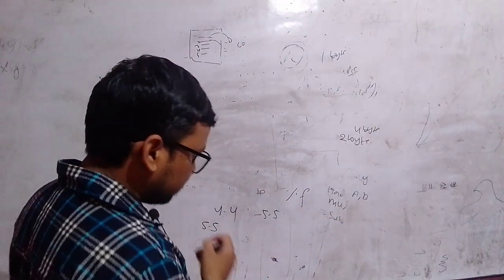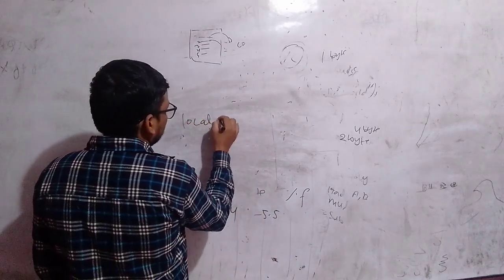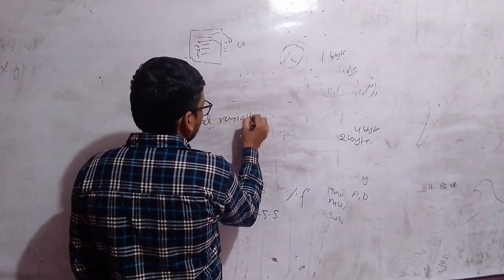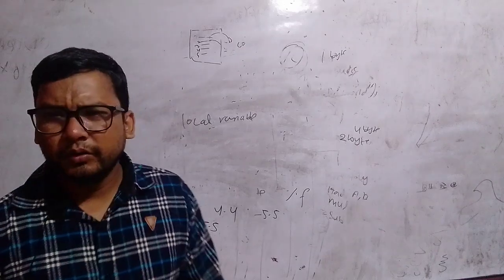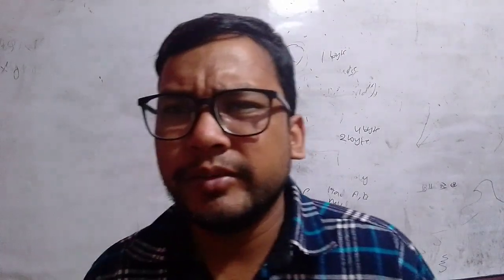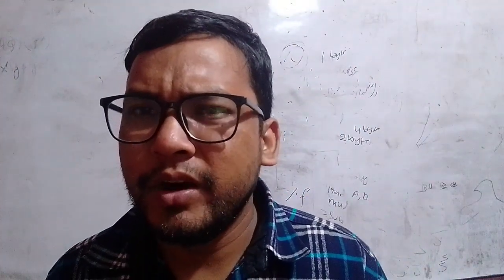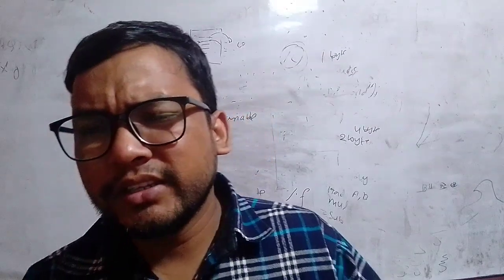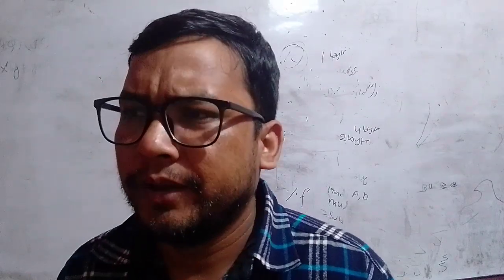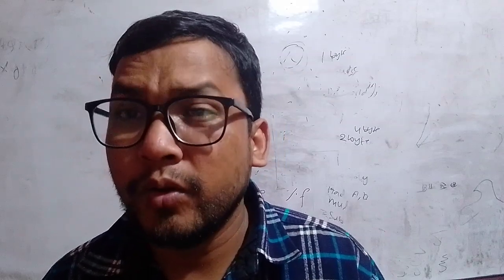And the other is the local variable. What is a local variable? The variable which is accessible only in a certain area. There is an entire large program, but a variable that can be accessed only within a certain area of that large program is called a local variable.